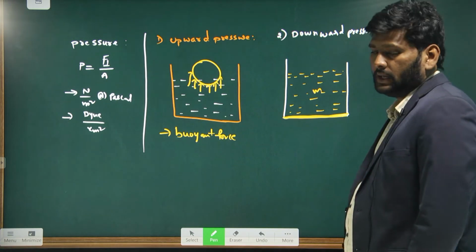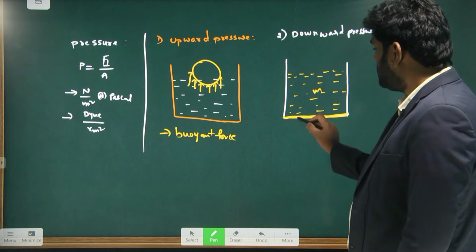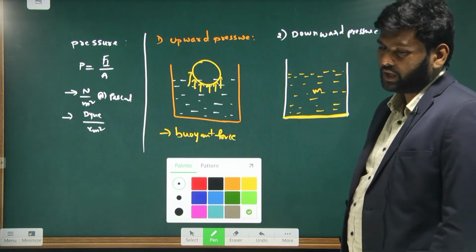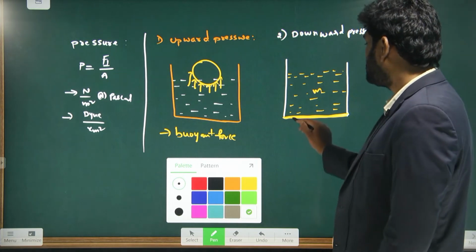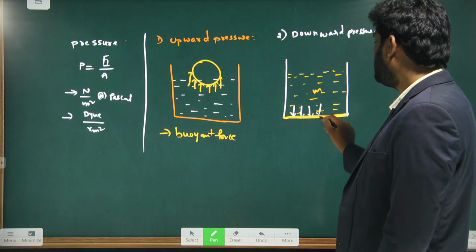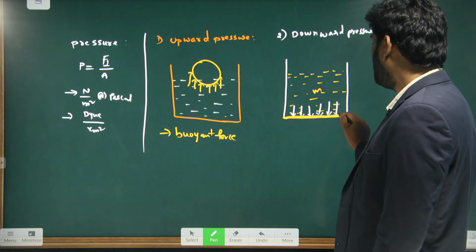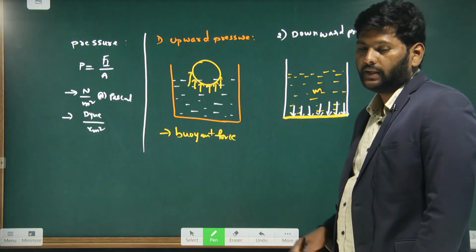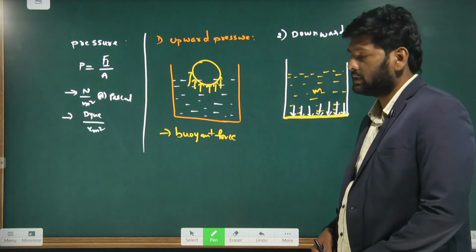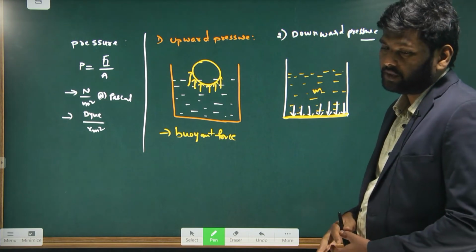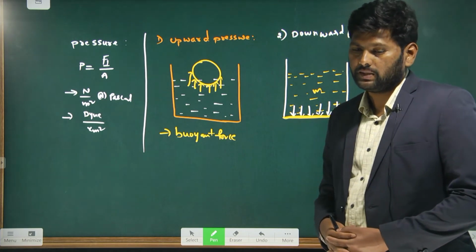The bottom surface of the container will experience a pressure due to this liquid. The pressure exerted by the liquid on the bottom surface is in which direction? Downward direction. That kind of pressure is known as downward pressure.